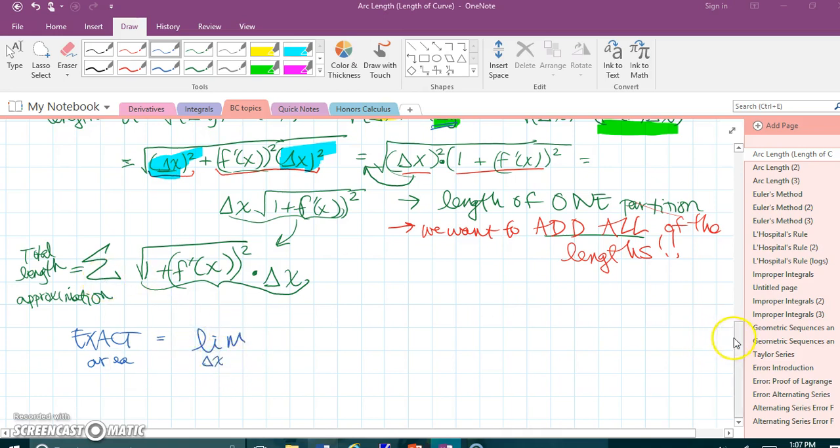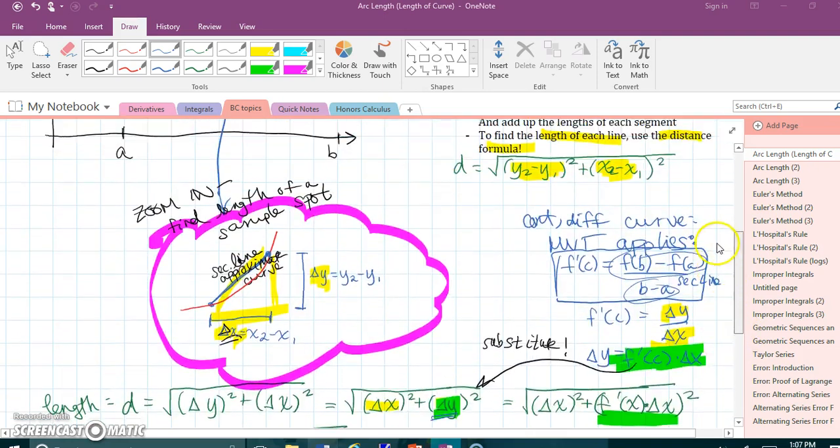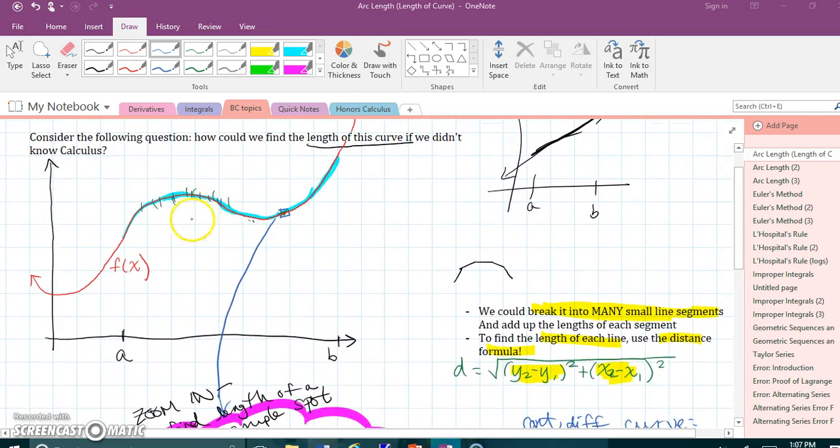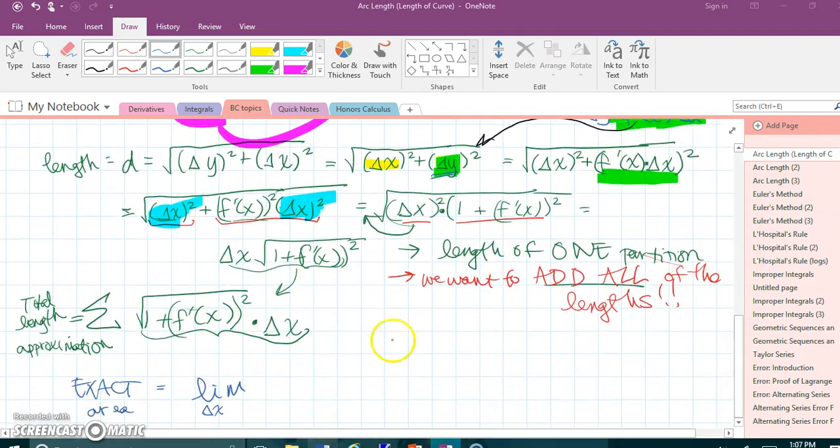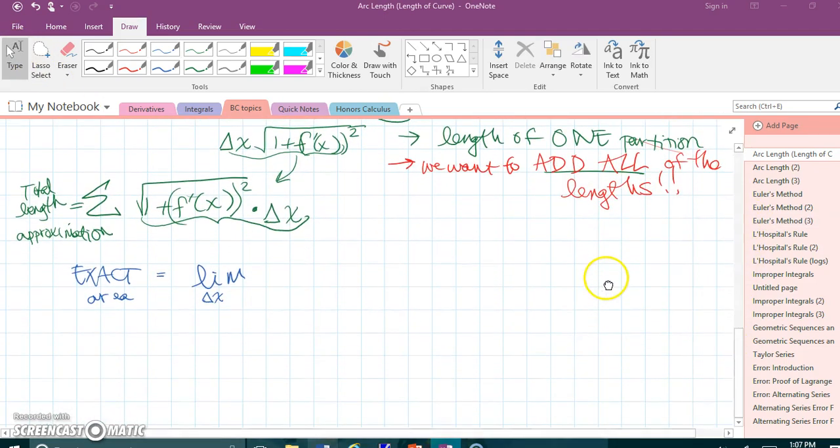Now, in order to get infinitely many widths, let's think about what has to happen. In order to fit infinitely many widths from here to here, the number of partitions has to go to infinity. And in order for that to happen, our width of each partition needs to go to 0, because the smaller the widths, the more that you can fit in.